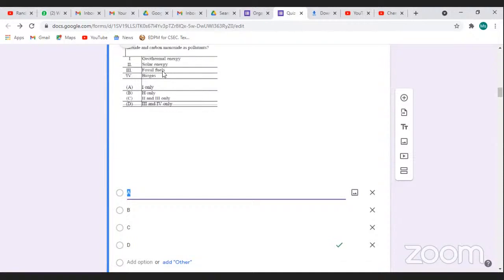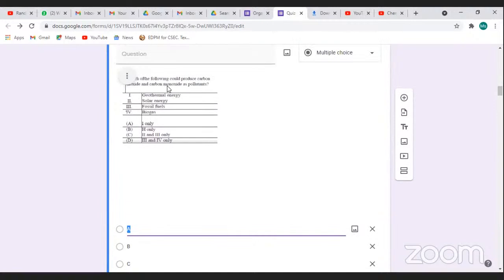Okay, so the answer is fossil fuels and biogas, because we just spoke about it. For fossil fuels, you get carbon monoxide because you have incomplete combustion. And once you produce biogas, if you have incomplete combustion, you will get carbon monoxide coming off.